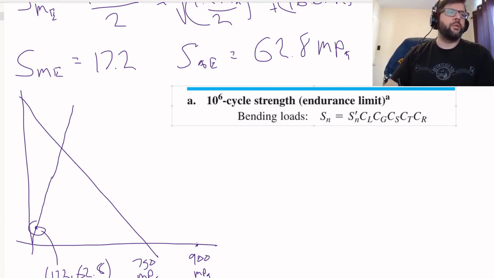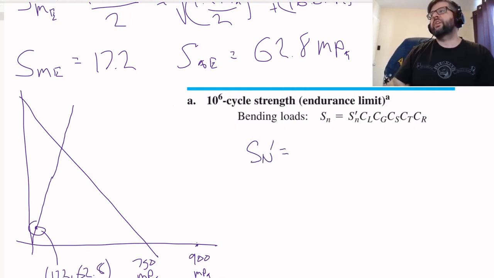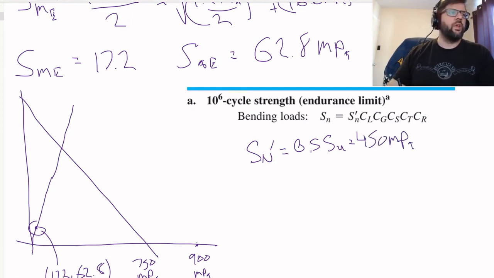So our Sn prime for steel is typically going to be, unless you have actual test data, in which case you use your actual test data, half of our Su, which in this case would be 450 MPa. Our Cl, because we transformed the combined loads into an equivalent bending stress, we use the Cl for bending, which is equal to 1.